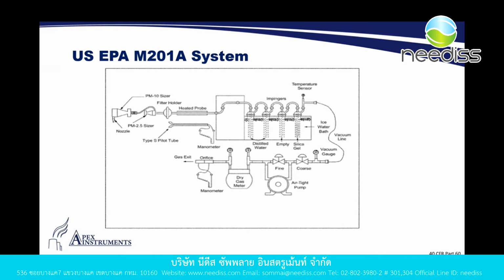So just to review very quickly, to make sure everybody is familiar with an isokinetic system based on that Method 5 that we discussed. We can see here at the front, this would be our Method 201A PM cyclone, and we'll go into further investigation of this particular cyclone a little bit later in the presentation, because this is what we want to focus on today.